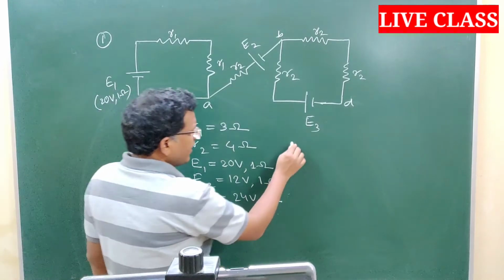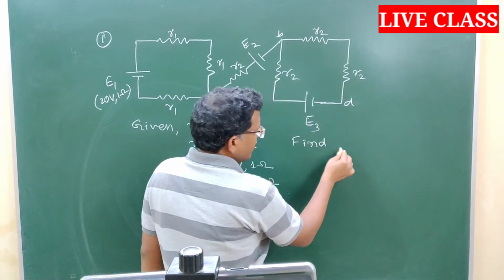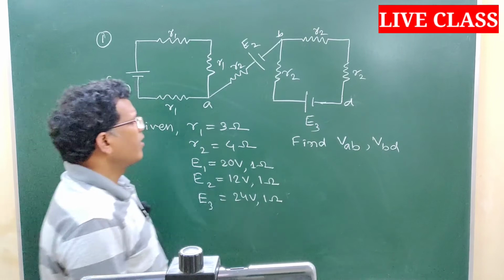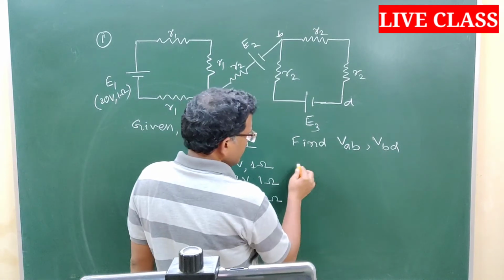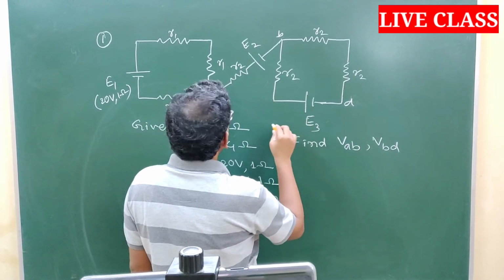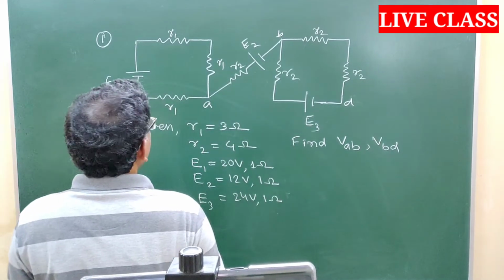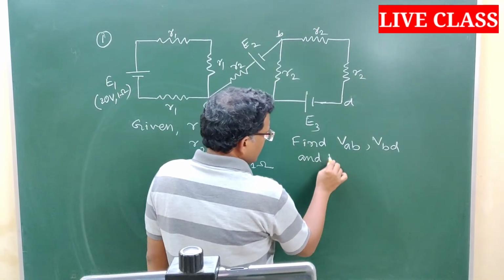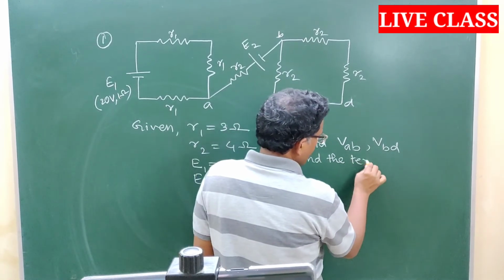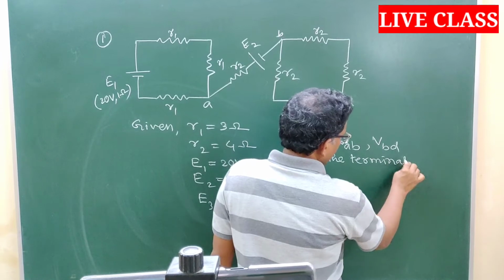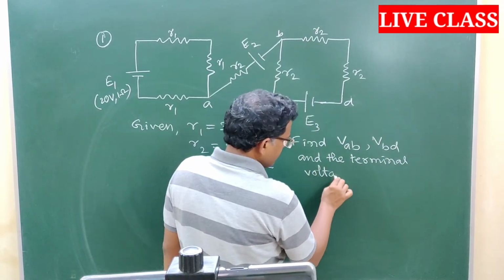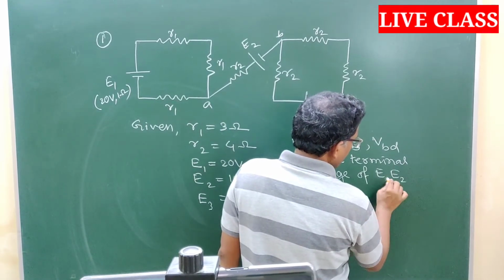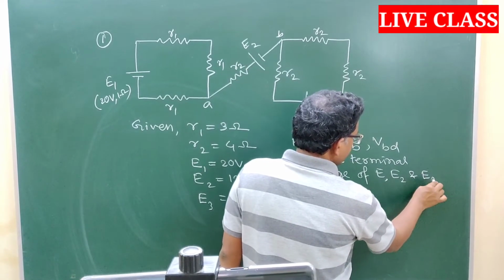So what you have to do, you have to find VAB, VBD, okay, and the terminal voltage of E1, E2 and E3.